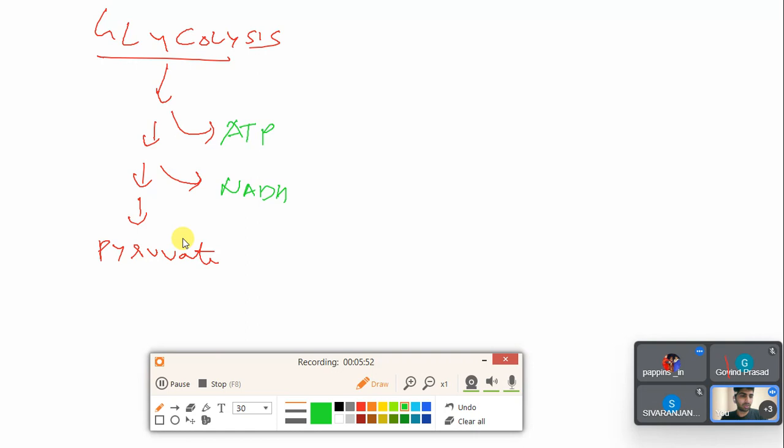So can anyone tell me in which cells glycolysis occurs, or maybe any cell where glycolysis doesn't work? I understand that glycolysis occurs in the cytosol. But is there any cell or any place in the body where glycolysis doesn't happen?